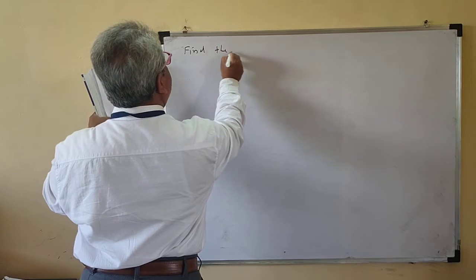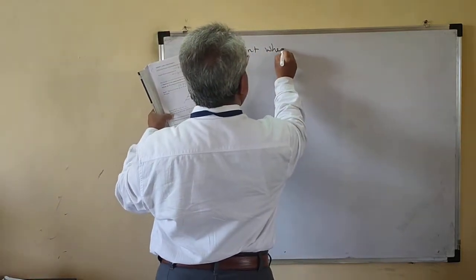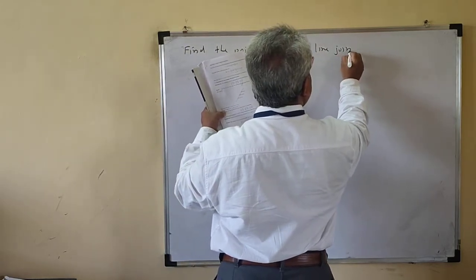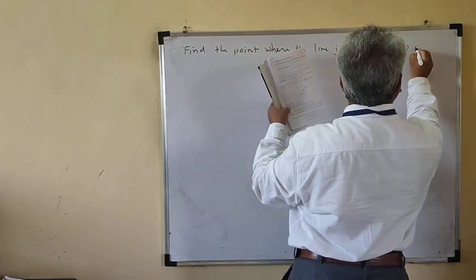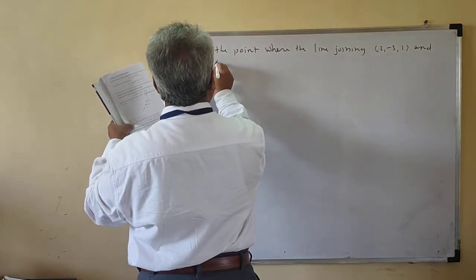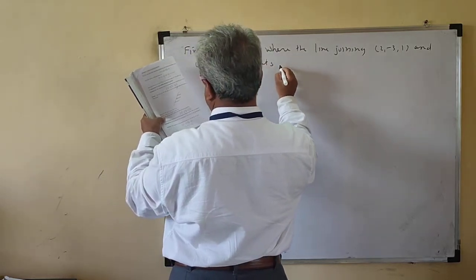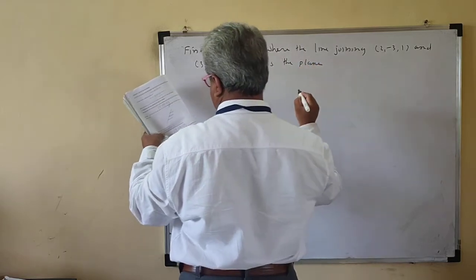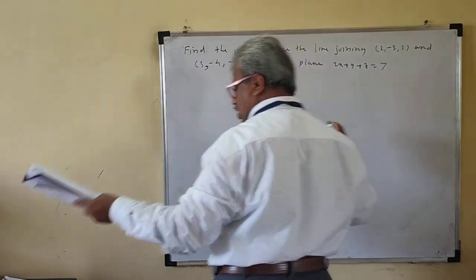Find the point where the line joining 2, minus 3, 1 and 3, minus 4, minus 5 cuts the plane 2x plus y plus z is equal to 7.